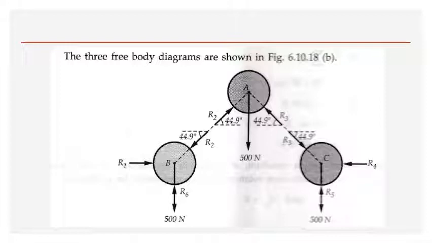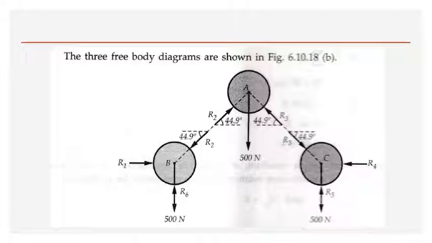Next step, as usual, is to draw the free body diagram. All the three free body diagrams are shown here. See, the reactions are acting perpendicular to the line of contact at point 1, point 6, point 5, point 4.